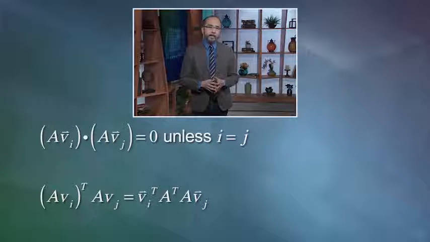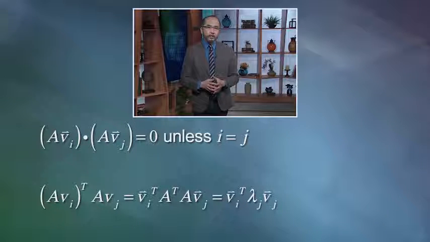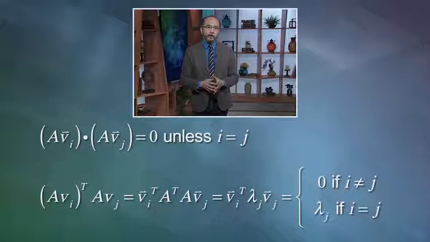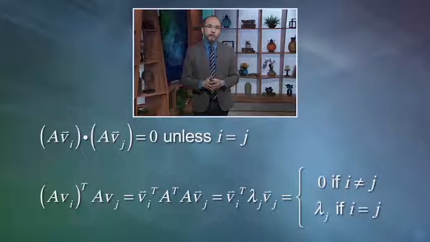But since Vj is an eigenvector of A transpose A, this simplifies to Vi transpose lambda j Vj. But that's just lambda j times the dot product of Vi and Vj. And since the V's were orthogonal, this will be 0 unless i equals j, in which case it will be lambda j. So that's what we claimed.